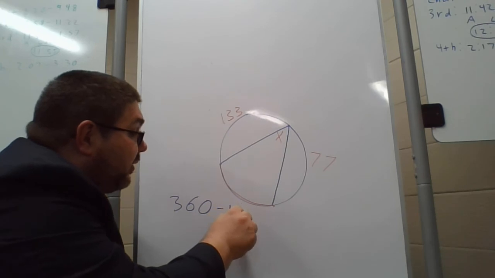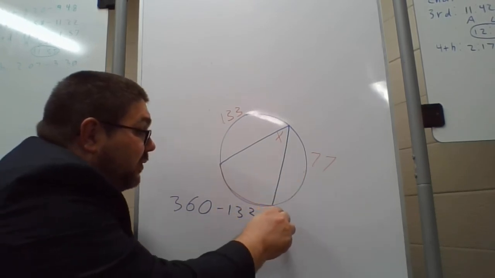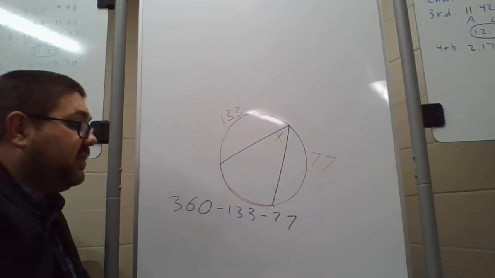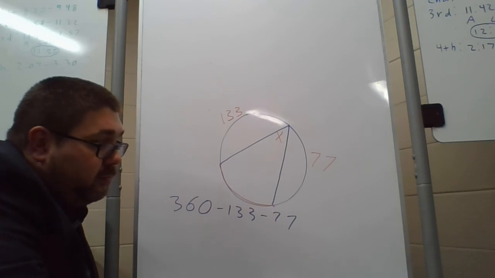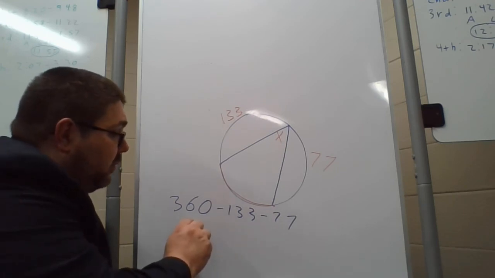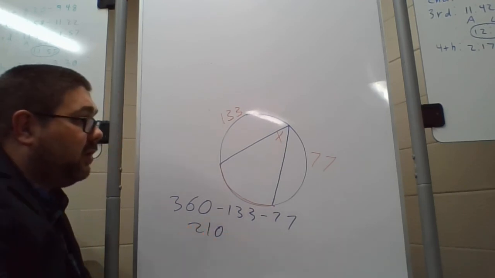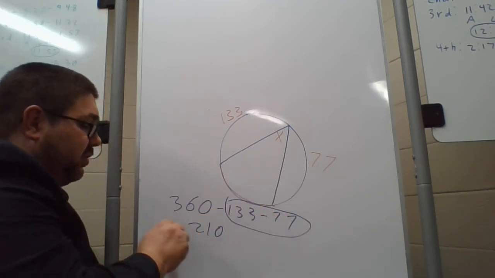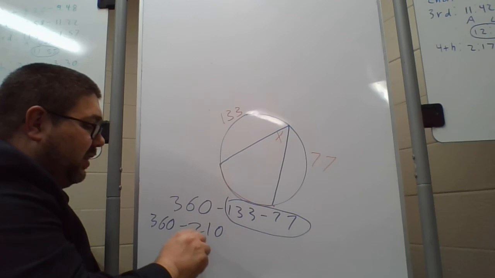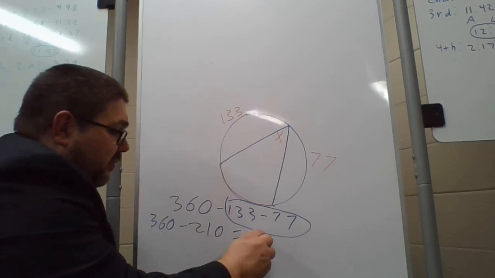360 minus 133 minus 77. Let's see, that is 210. So that gives us 210. This is 210. So 360 minus 210 equals 150.